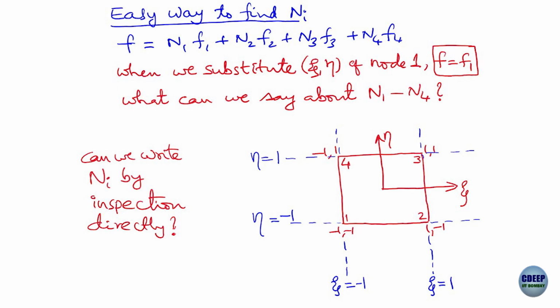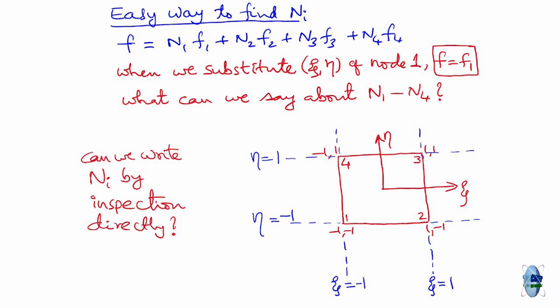That means N1 should become what? 1, N2 0, N3 0, N4 0. So, what is the nature of the shape function, interpolation function that I am trying to find? When I substitute that node coordinates, that shape function should become 1, all others should become 0. Okay? Please understand this carefully, because once you understand this, rest of the discussion is fairly straightforward.